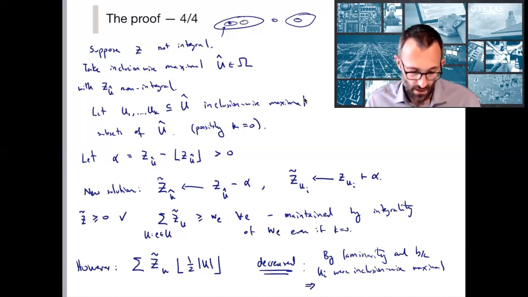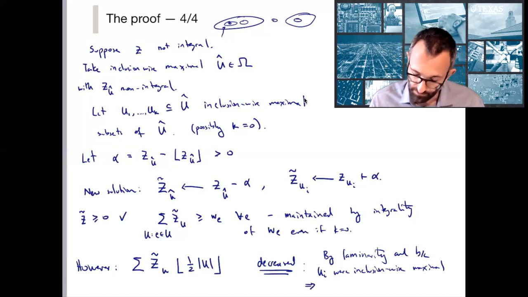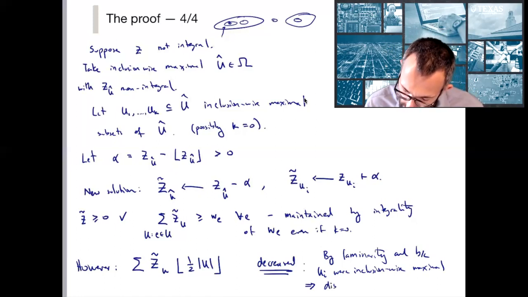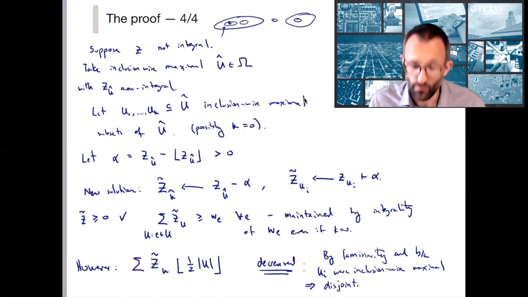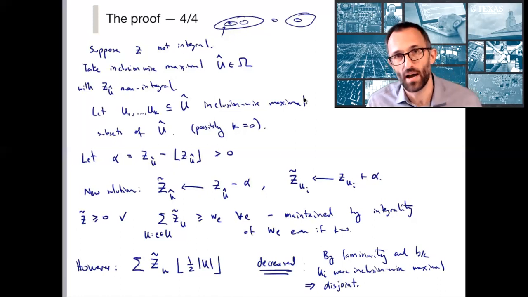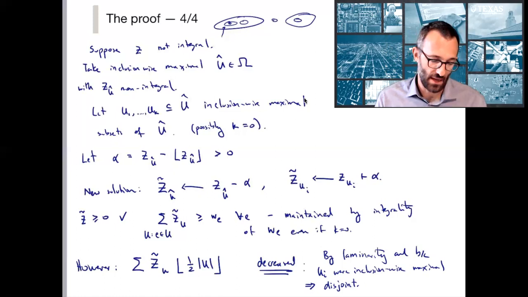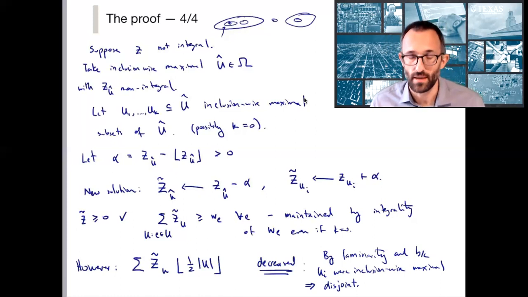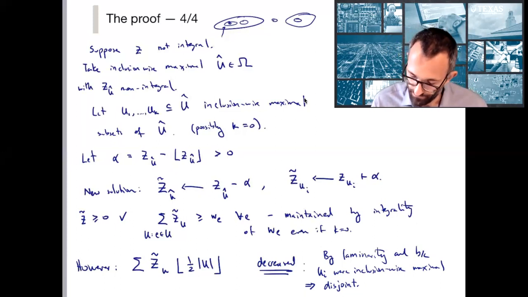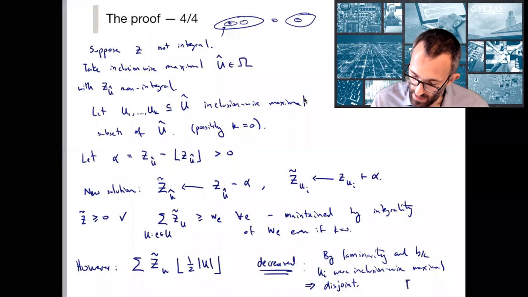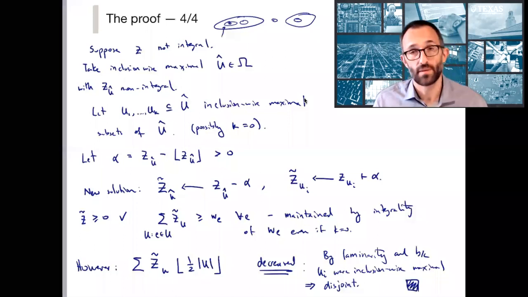That tells us that they are, in particular, disjoint. And therefore, this weighting exactly provides for the situation that we want, namely that this value is decreased. And that concludes this proof.